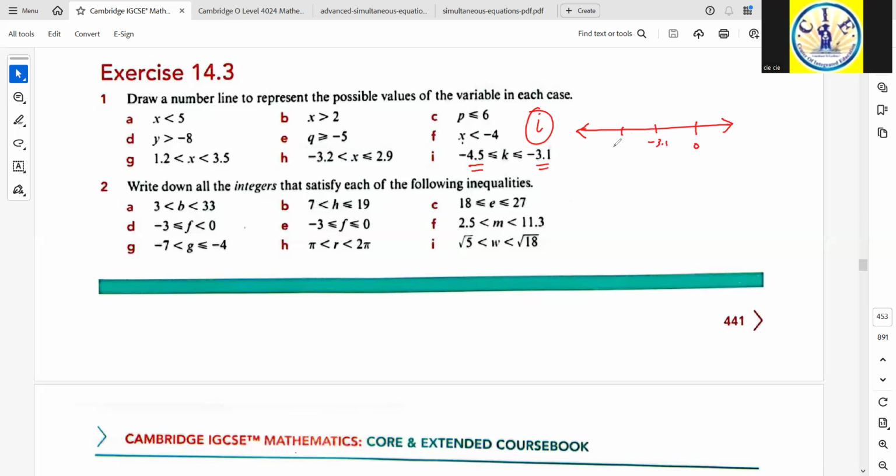Then here would be negative 4.5. So the values have to be from here till here. And since the equality is a closed one, so we need to fill this circle as well as the other circle, and the values are in between. So this represents part I.